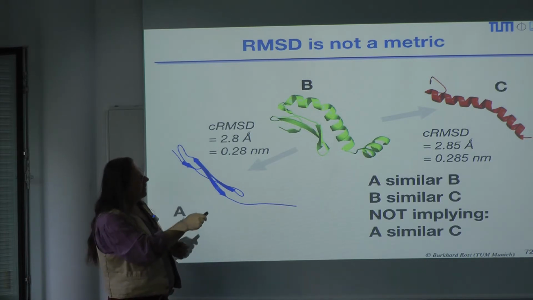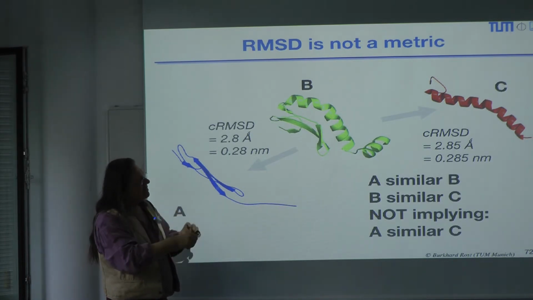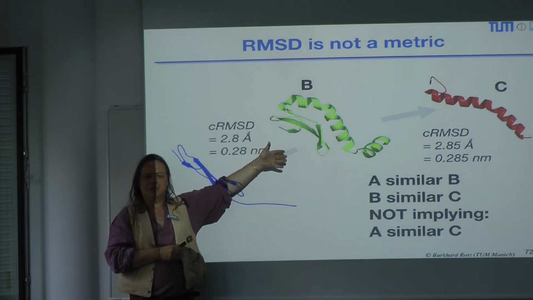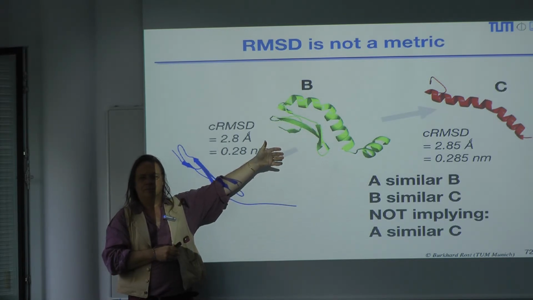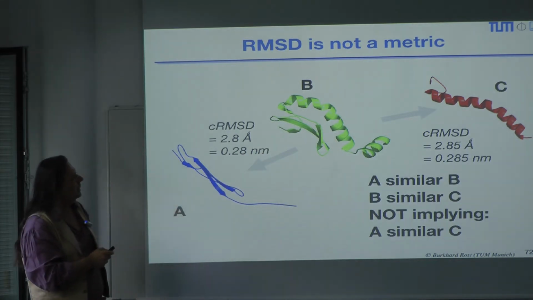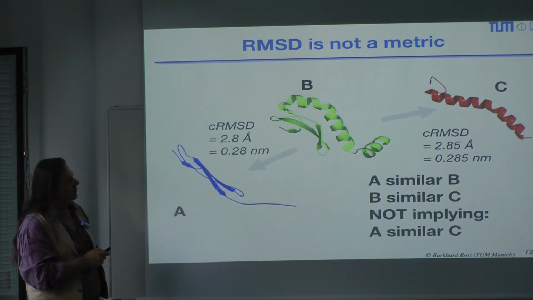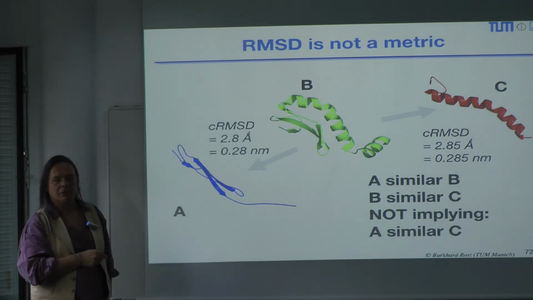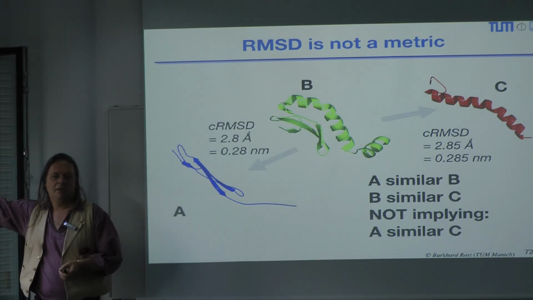While I would argue that the helix here looks very much like the other helix. The problem is also the length of C. So C is shorter than B? Trivially C is shorter than B, but C is also apparently shorter than A. Yeah, that's the more relevant one here.